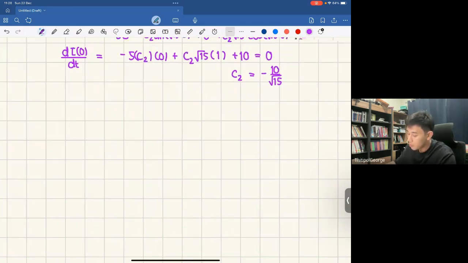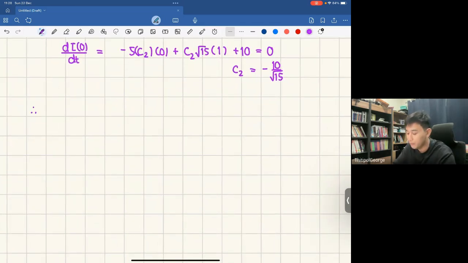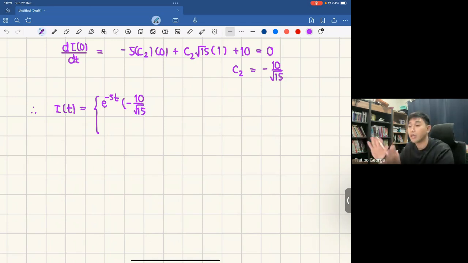So the real general solution is going to be e to the negative 5t, and then we substitute c2 as negative 10 over square root of 15. The term c1 is already gone since it is 0. And then we have sine of square root of 15t. Don't forget to minus 10t for the first one.